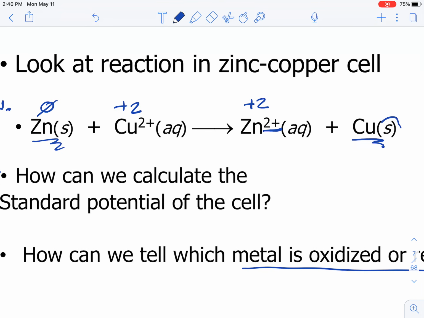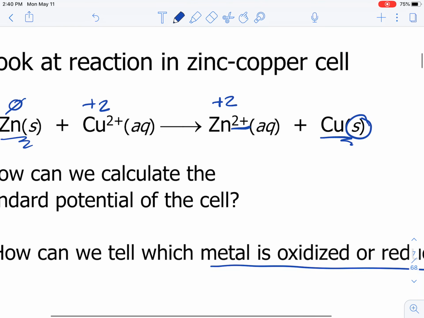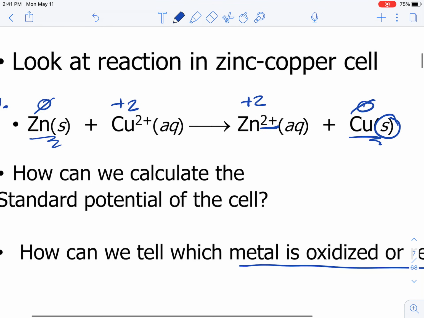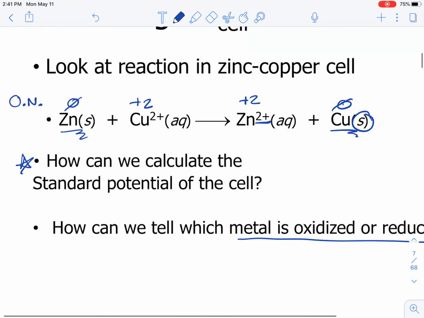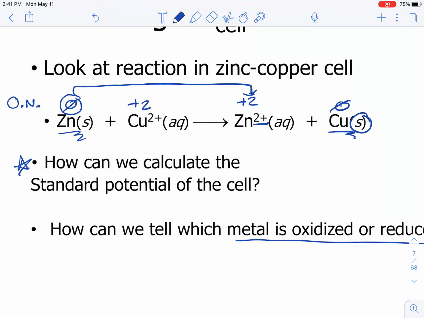Copper is solid in form, so we're going to assume this is the pure solid, and therefore it's going to have an oxidation number of 0. So now that we've listed our oxidation numbers, all we're going to do is compare the oxidation numbers before and after the reaction. Let me do this one in another color.